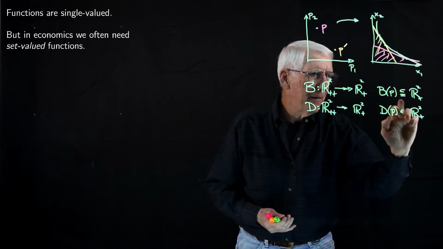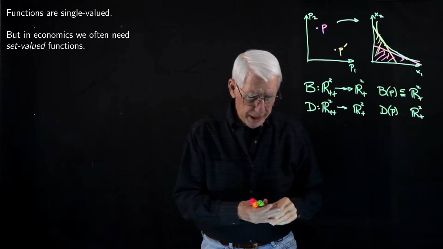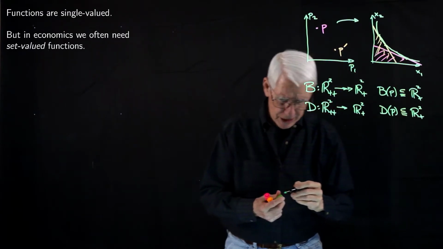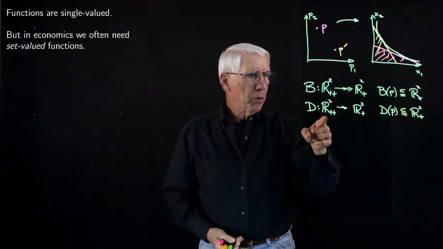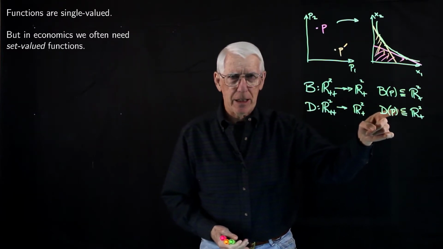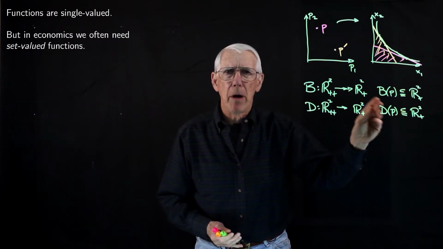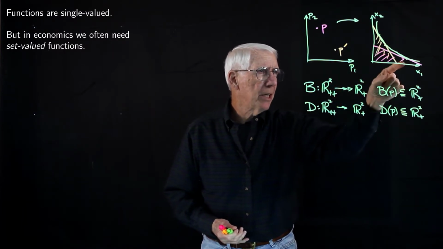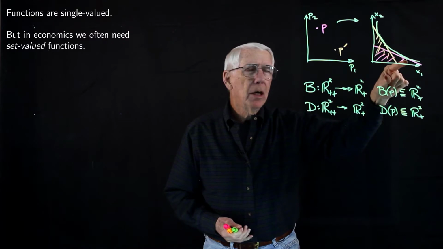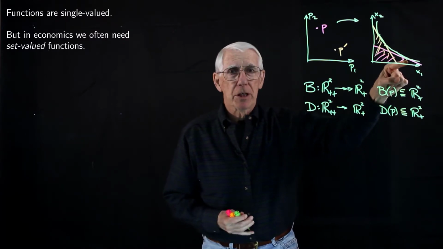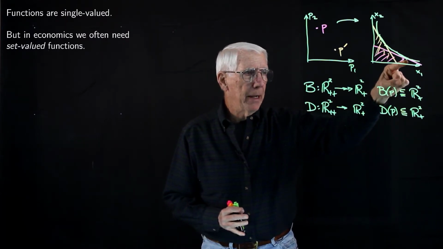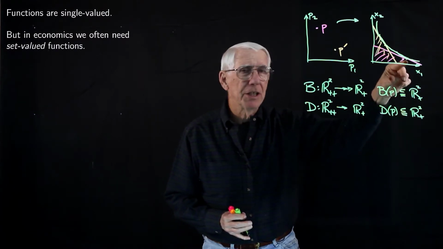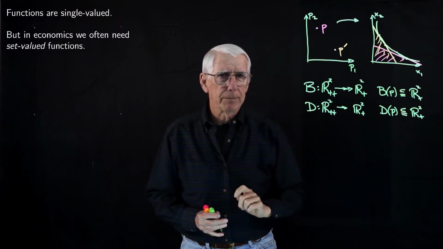And again, we need to replace the element symbol with the subset symbol. And so for any price list, this tells us the set of bundles that the consumer might choose. And for this situation here with the pink price list, the consumer does pick a specific bundle, but since we need this to be a subset, it would be a singleton set rather than just that point.